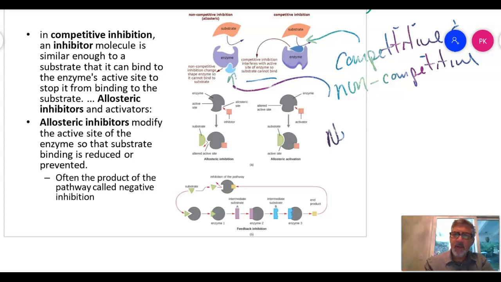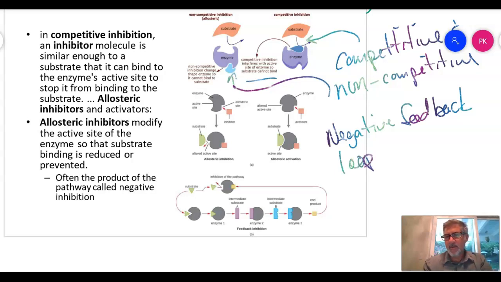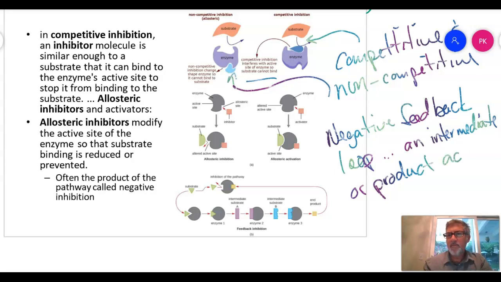So in negative feedback, in a negative feedback loop, an intermediate or something created in the process or product, right?